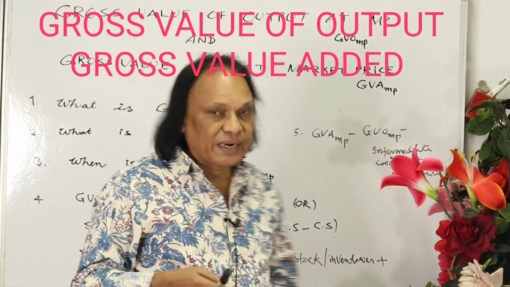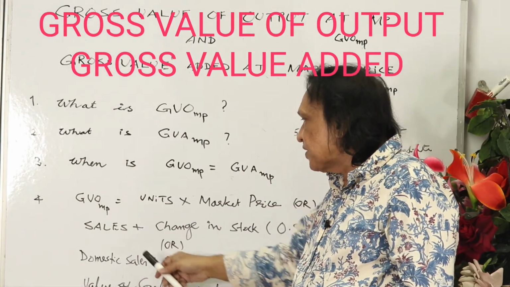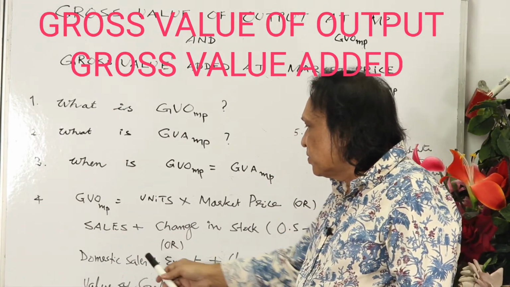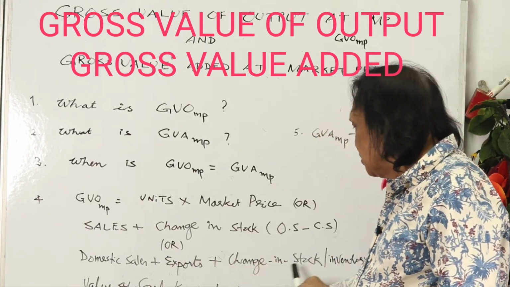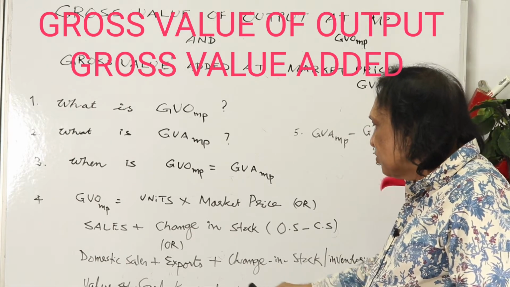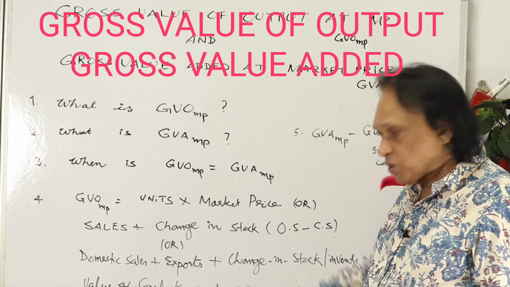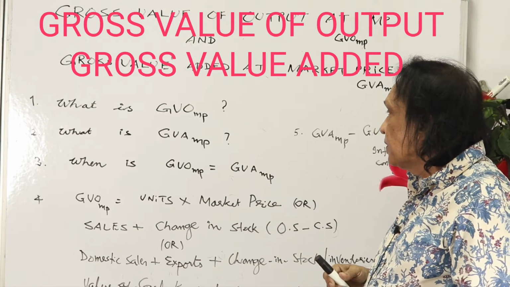And you have another formula. The same thing, sales can be domestic sales, the sales can be exports, change in stock or change in inventories, and value of goods kept for self-consumption. We'll be discussing numericals here, how to do it.